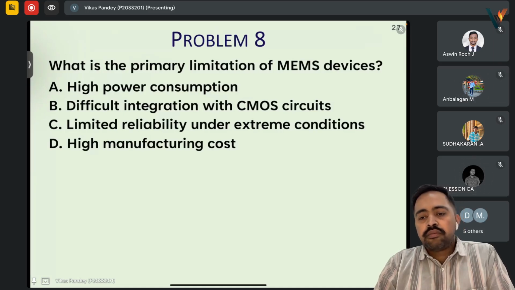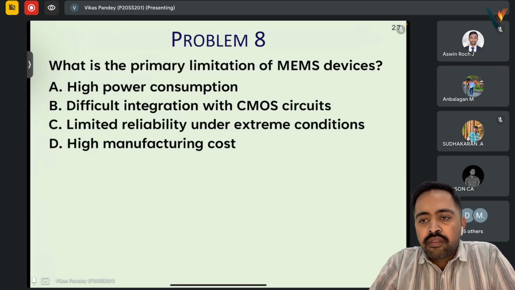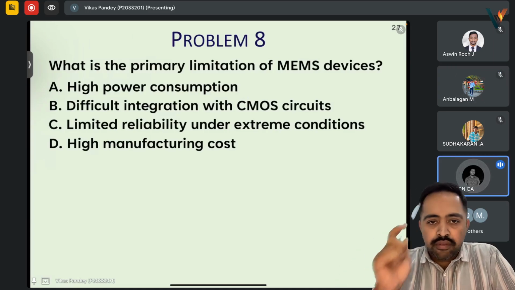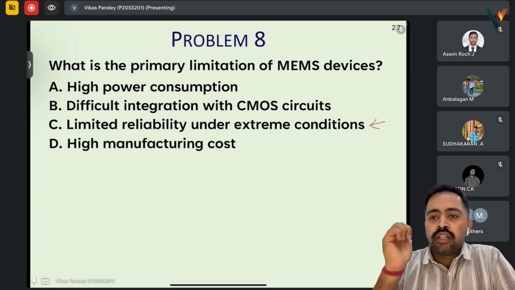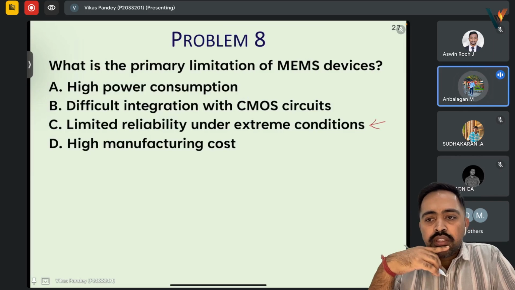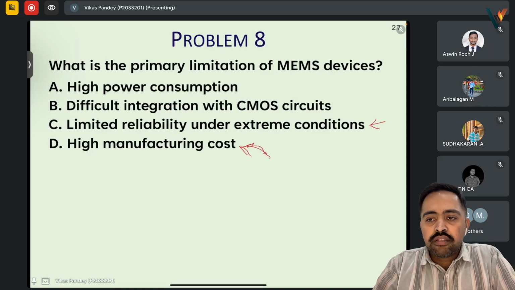Yeah, let's speak one by one. Yes, Blessing, you were saying something. Sir, I think option C, limited reliability under extreme conditions. Okay. Yeah, Anbalam, you were saying option D, high manufacturing cost. Okay. Yes, any other answers?